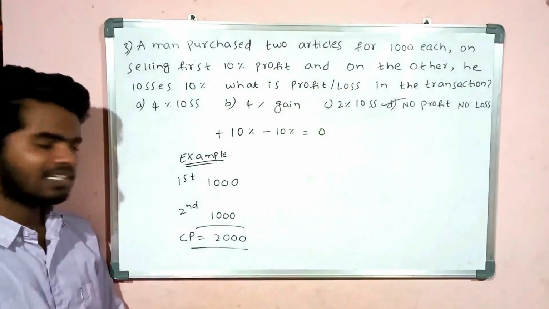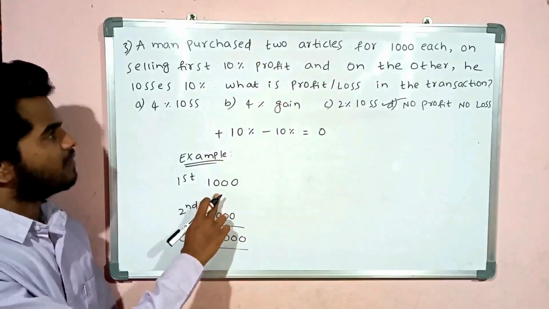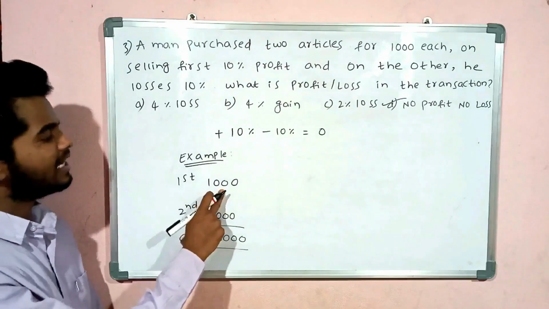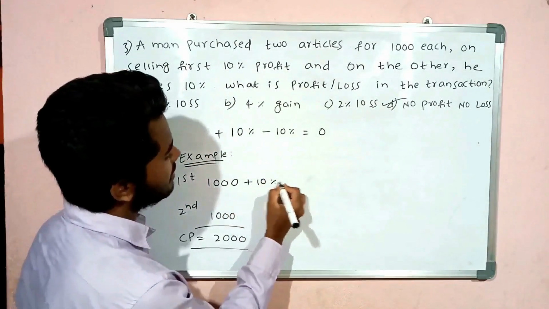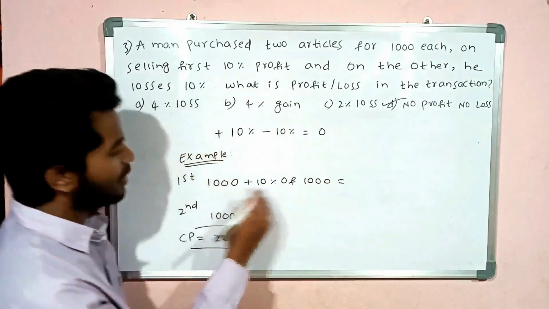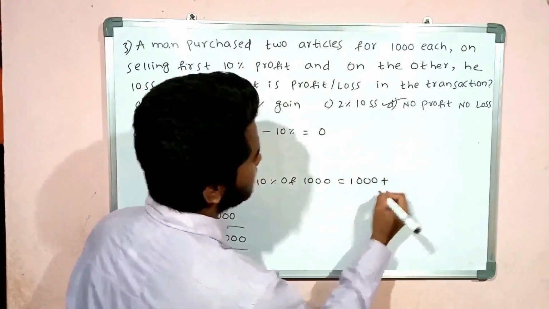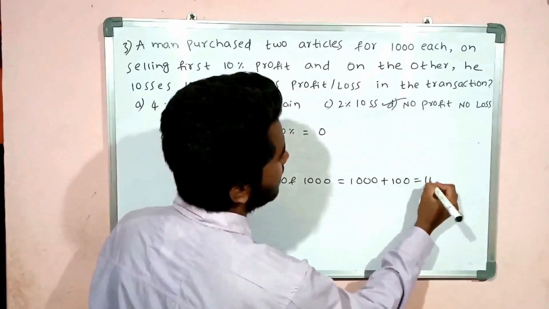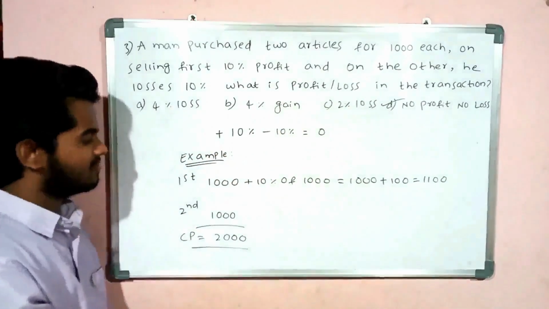The first article is 10% profit, plus 10% of cost price. 1,000 plus 10% of 1,000, which is 100, equal to 1,100. The selling price is 1,100.